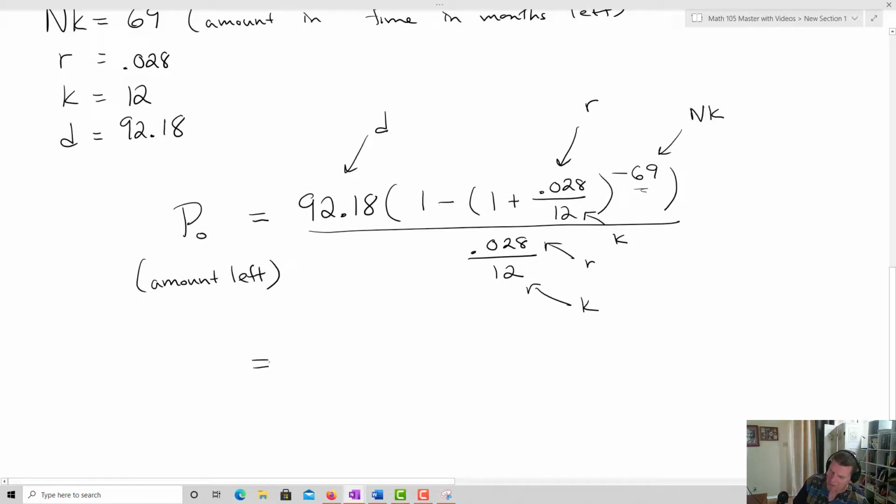And I'm going to go through what I would do and put it in my calculator. So I'm actually going to start out with the 1 plus 0.028 divided by 12. All right. Then the next thing I'm going to do is raise that to the negative 69th power.